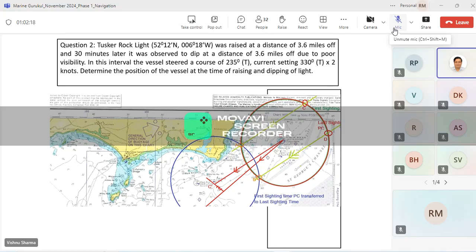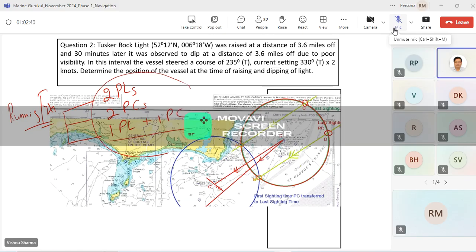Now, guys, in your running fix, your combinations can differ. You can have two PLs, or two PCs, or one PL and one PC.